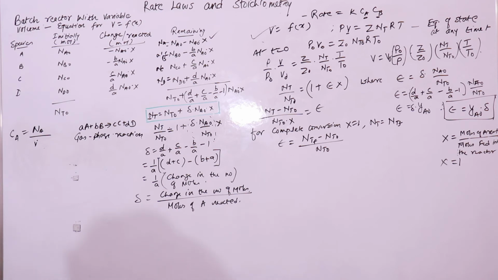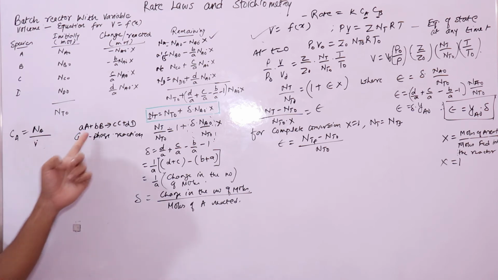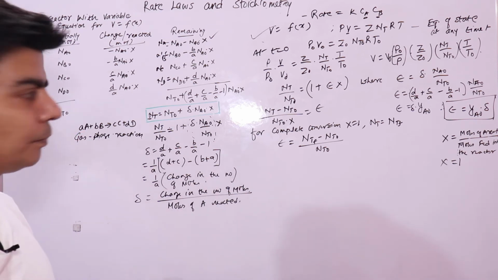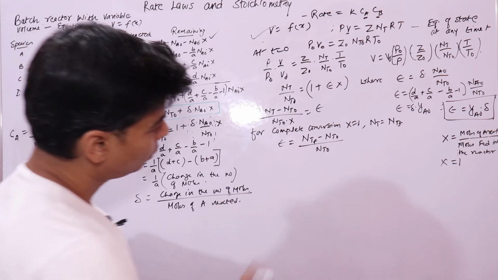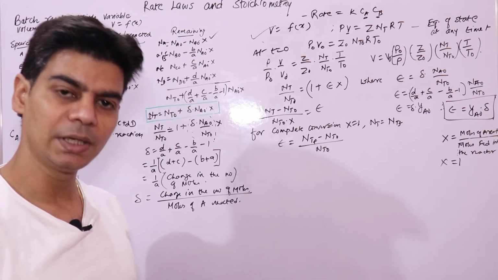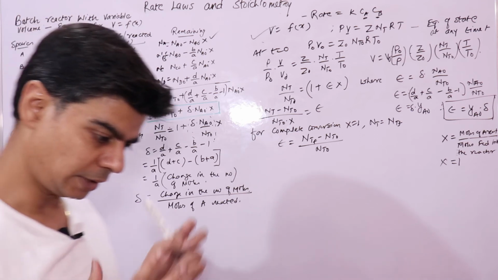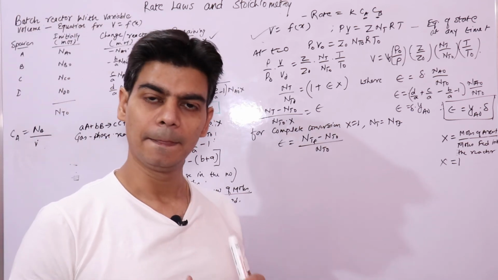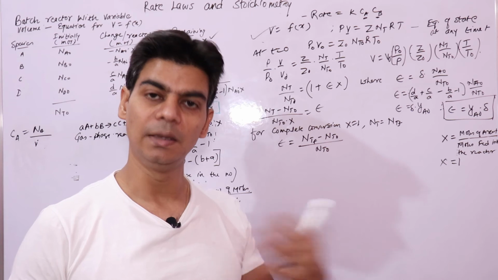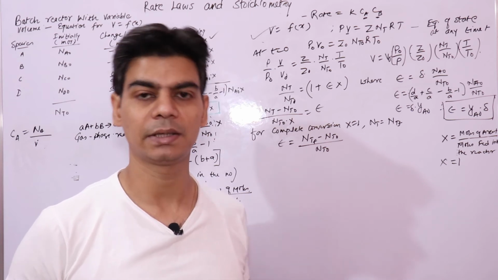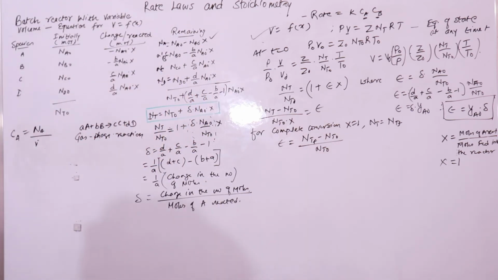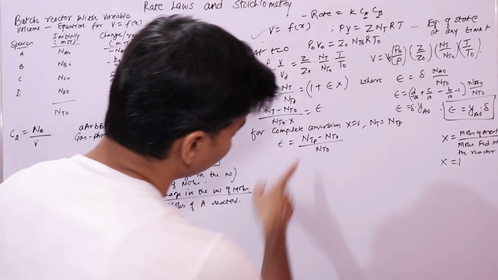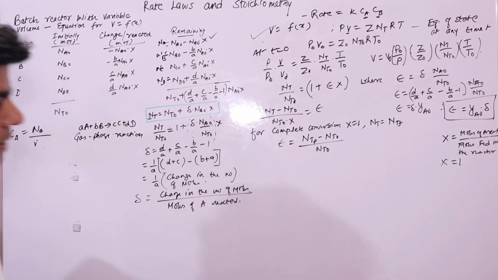We are taking A as the basis of conversion, right? And we know that A is the limiting reagent. When we are talking about complete conversion of A, that means A is the limiting reagent that has completely reacted in the reaction, right? So this expression is clear?